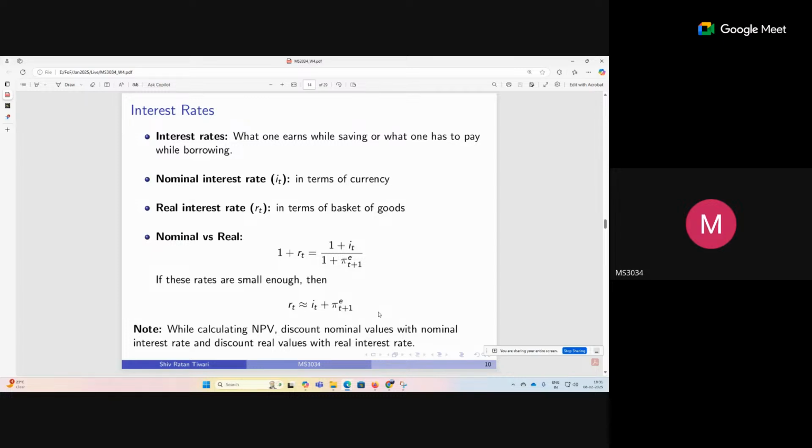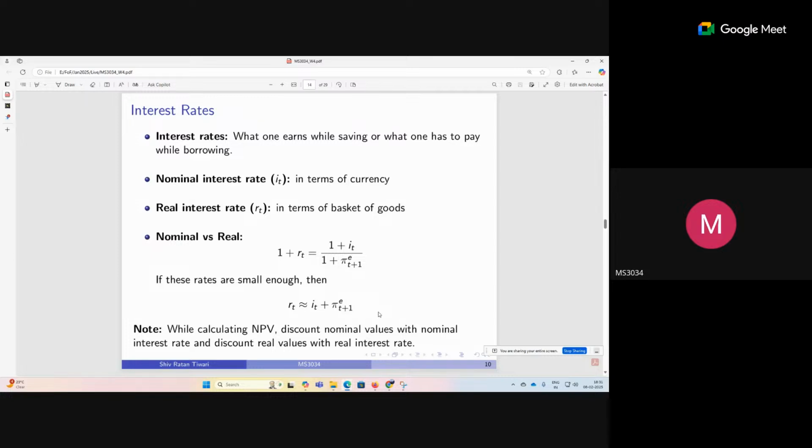An important note, which was also mentioned by the professor: when you are calculating net present values, if there are nominal terms, meaning terms mentioned in currency values, then you should discount them with nominal interest rates. For example, till now in our course we have defined our cash flows in dollars or rupees or units, so we are discounting them with the nominal interest rates.